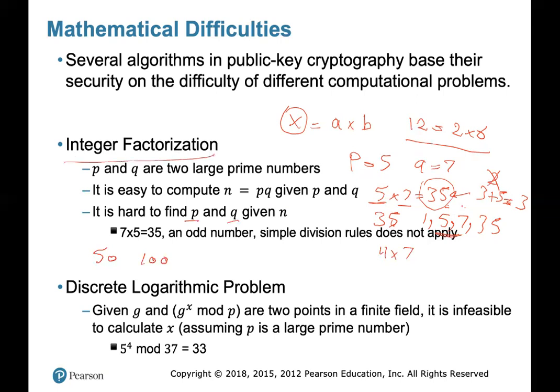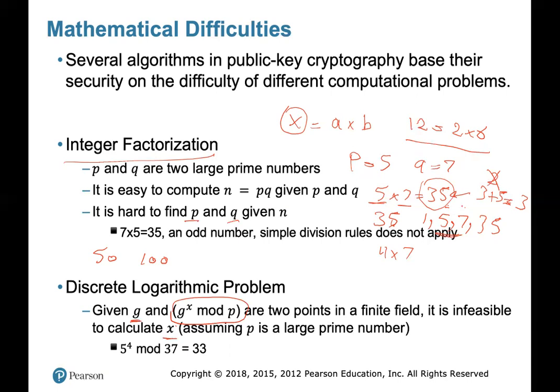The other thing that we sometimes use is the discrete logarithm problem. It says that given G and the number G to the power of X mod P, where P is a large prime number, it is infeasible to calculate X.